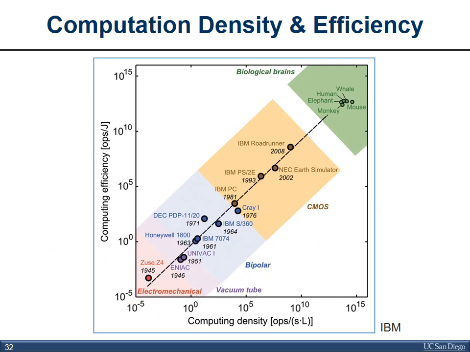This was put together by IBM, basically trying to compare the computing efficiency and the computing density, ops per second per liter, something like this, of supercomputers and biological brains.